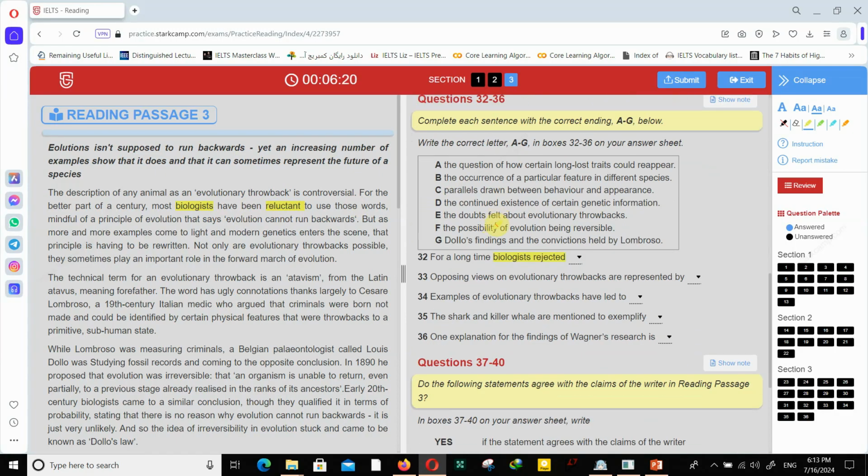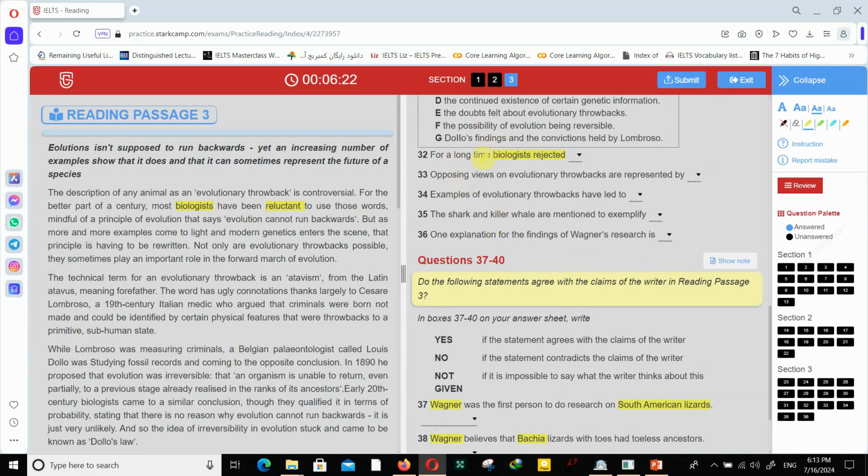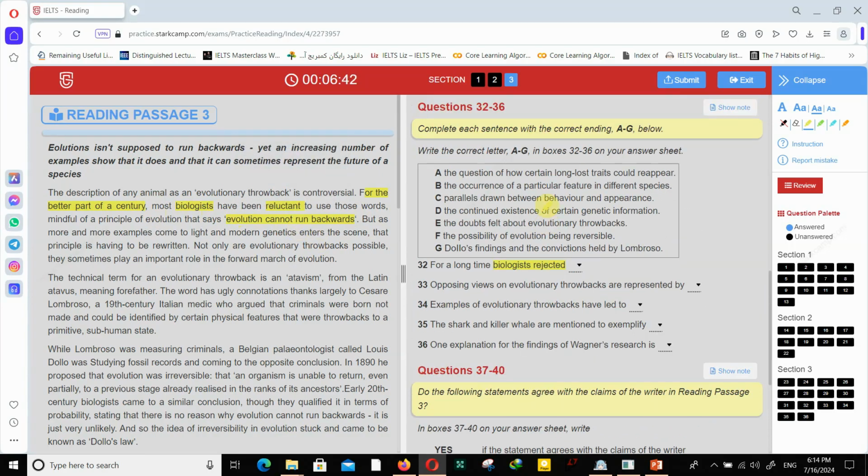Does it ring a bell? Yes, of course. For a long time, for the better part of the century, biologists rejected, reluctant to use those words, mindful of a principle of evolution that says evolution cannot run backwards. Now, look at the options.